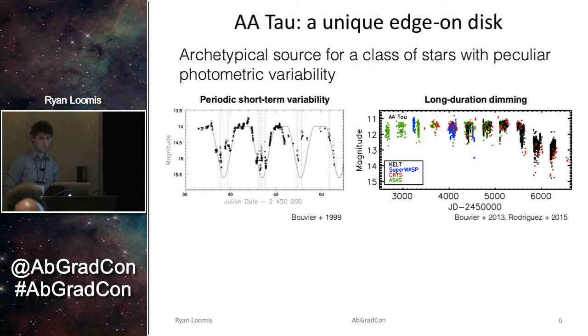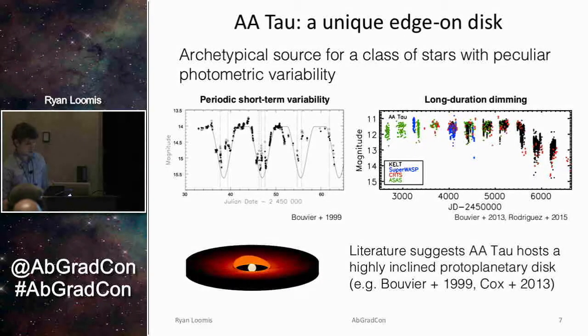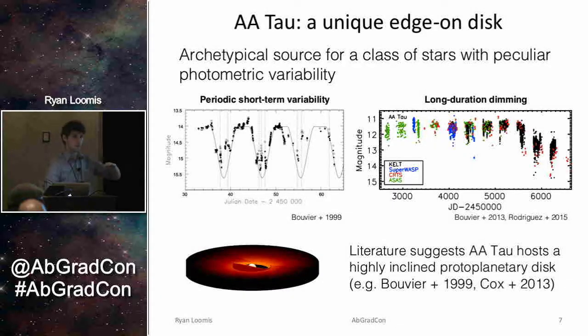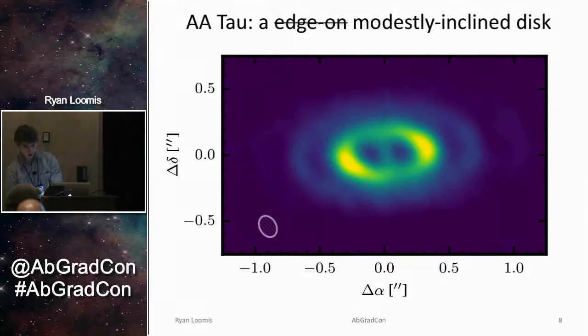So I'm going to talk a little bit more about those later, but right now the takeaway to start with is that people thought that the short-term variability was caused by a highly inclined disk, so that means that its geometry when you're looking at it is quite edge-on, and that it had this little warp in the center, and that warp is basically blocking out the light that you're looking at from the center of the star, and that goes as a function of time as it rotates around, and that's causing these little dips. So for right now, the takeaway is that AA Tau was thought to be really edge-on.